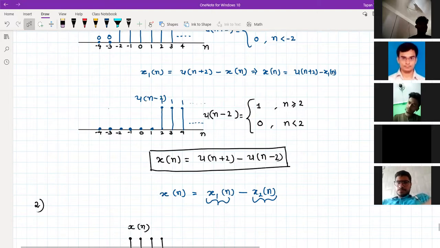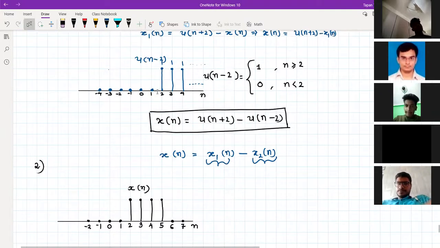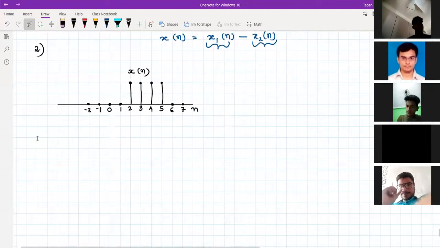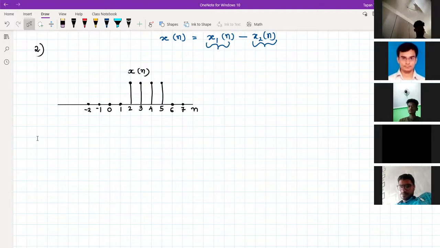Mathematically, that function is u of n minus 2. So that means it is u of n minus 2. Understand? Yes, sir. That is the methodology to solve such problems. So you need to apply the same methodology in this example.